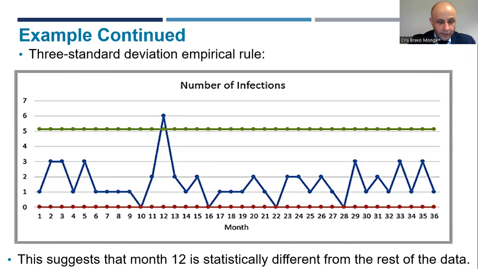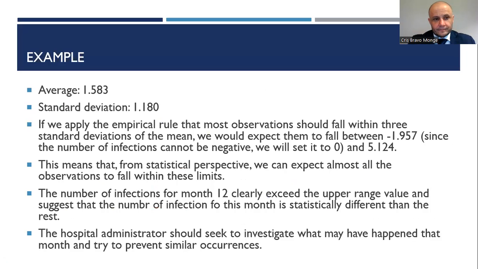Anything in between the red line and the green, it's within the norm. So from a statistical perspective, we can expect almost all the observations to fall within these limits. So the number of infections of month 12 indicates that we should investigate to know what happened in that month.